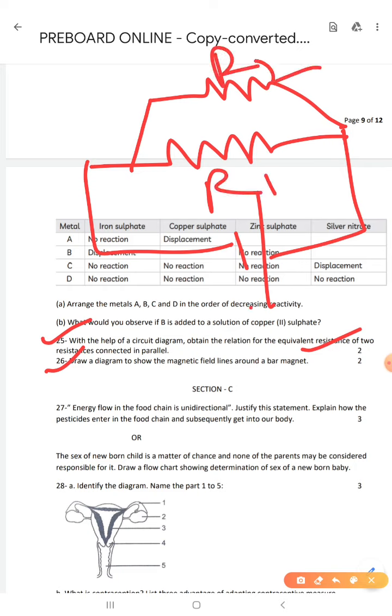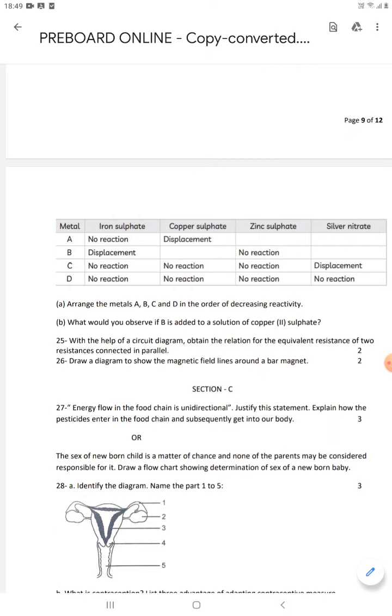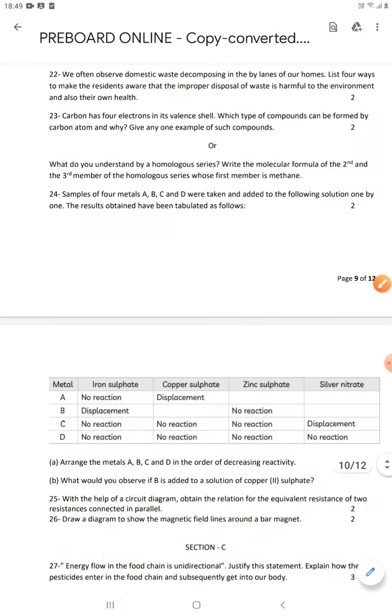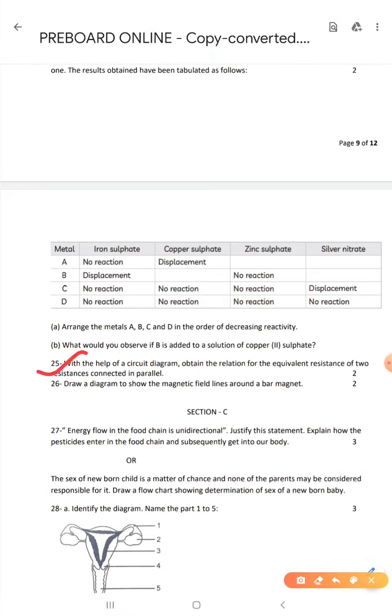Suppose this is a potential difference V. We have to find the relation when we replace R1 and R2 by R. Then we know 1 upon R equals 1 upon R1 plus 1 upon R2. In this question we have to prove it. So go through it. If you face any kind of problem, then you can ask.